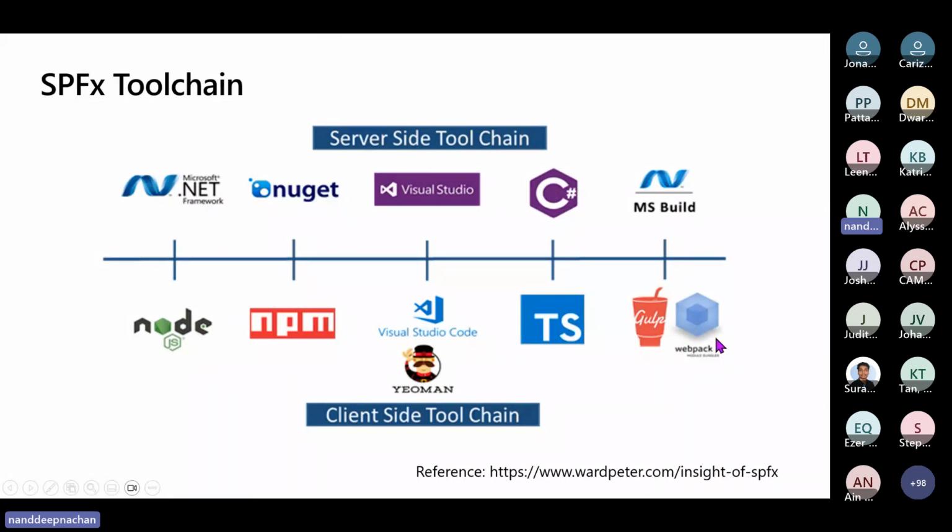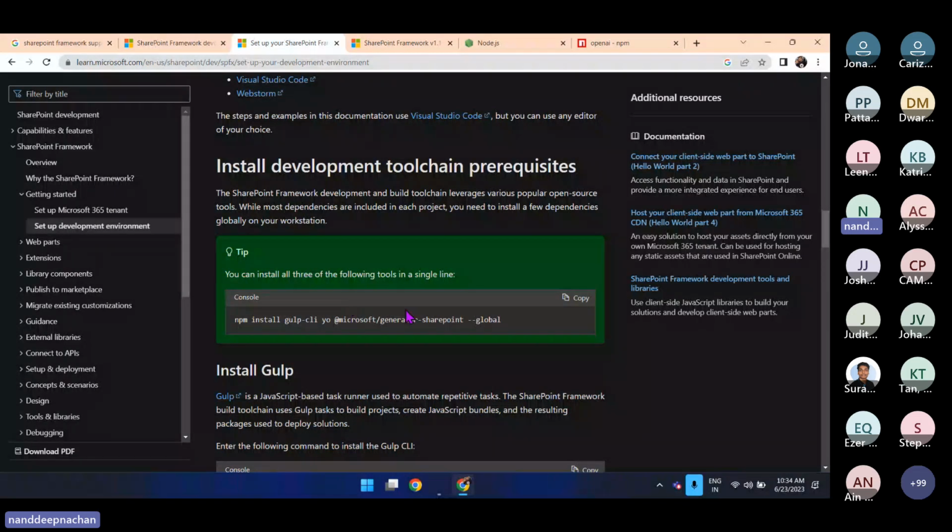For that, we have only one command that we can use: npm install gulp-cli to get gulp installed, and yo to get the Yeoman scaffolding generator installed, and then @microsoft/generator-sharepoint, so that on top of Yeoman we have the scaffolding for SharePoint framework, right? And then we use the global switch so that it will be installed at the global level, not at the current folder level from where you are running this command. Okay, so this is just the command that you will need to run.